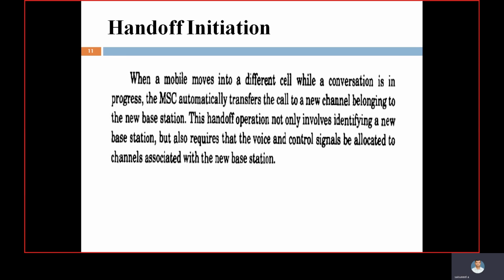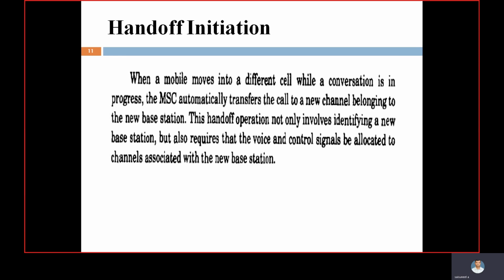and allocate a new channel based upon handoff. That is, when a mobile unit moves into a different cell while a conversation is going on, the MSC automatically transfers the call to a new channel belonging to the new base station. This is done automatically; we do not initialize it.